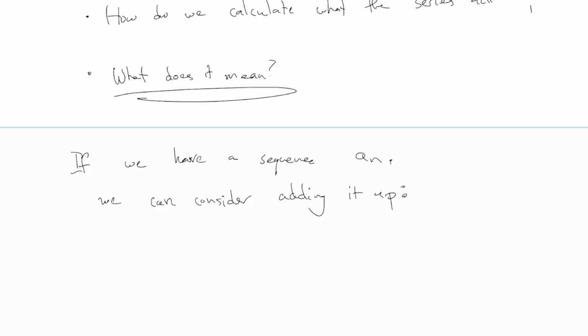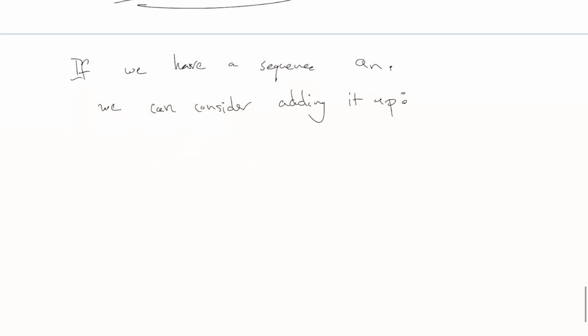That on its surface doesn't make sense, but I can do something that makes a lot of sense. It's very simple. I can consider adding it up one at a time. I could just take the first one by itself, and then I could take a_1 plus a_2, the first two of them, and then the first three, a_1 plus a_2 plus a_3, then a_1 plus a_2 plus a_3 plus a_4, etc., right?